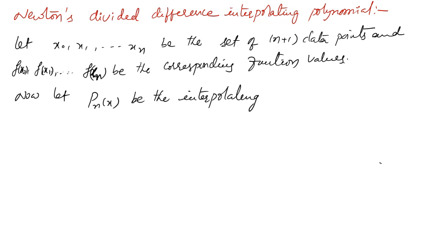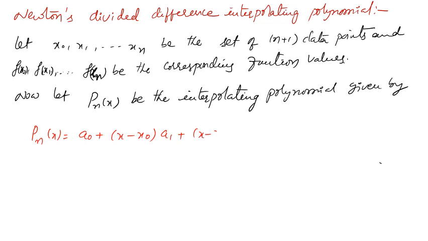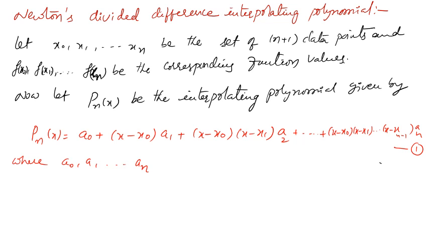Means what? Pn(x) is approximately equal to f of x, with the interpolating polynomial given by, assume this polynomial as Pn(x) is equal to a0 plus (x minus x0) into a1 plus (x minus x0)(x minus x1) into a2 plus and so on, and the last term (x minus x0)(x minus x1) and so on (x minus x(n minus 1)) an, equation 1, where a0, a1 and so on an are to be determined.